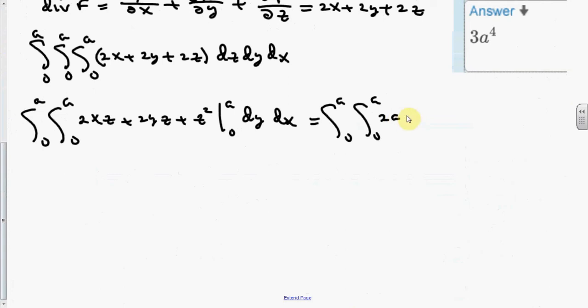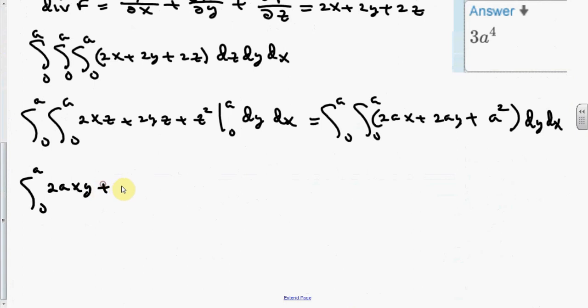2ax plus 2ay plus a squared dy dx. Now integrate with respect to y. This is 2axy plus 2ay squared over 2 plus a squared y.